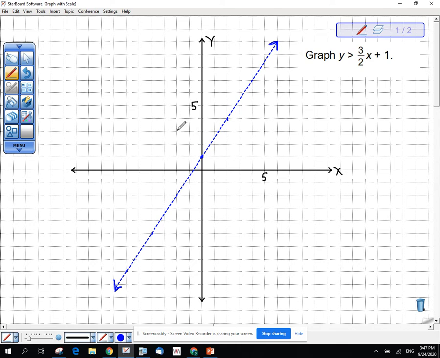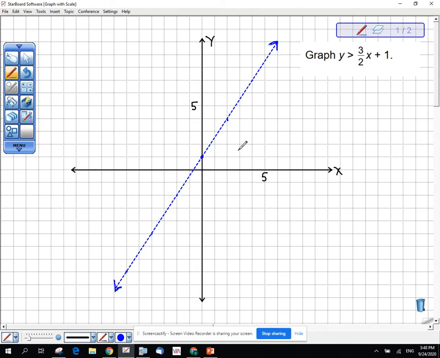If I pick this point right here, (-3, 2), and I plug -3 in for x and 2 in for y, and the inequality is true, that means everything over here, including that point, is part of the solution set, and we're going to shade this way. If it's false, that means all of these points don't work, so the other side will work, and that's the way we're going to shade.